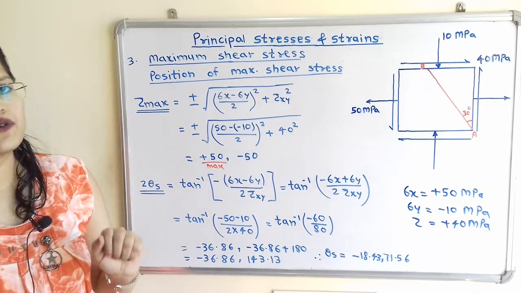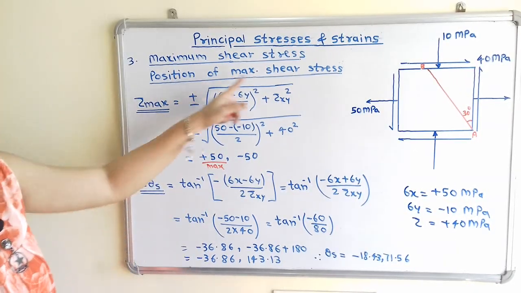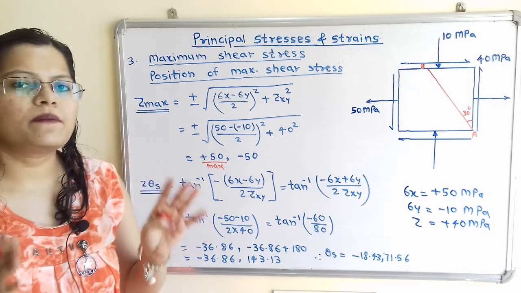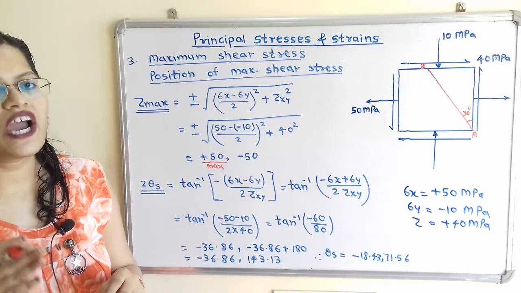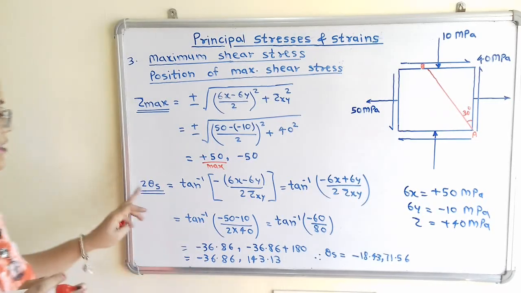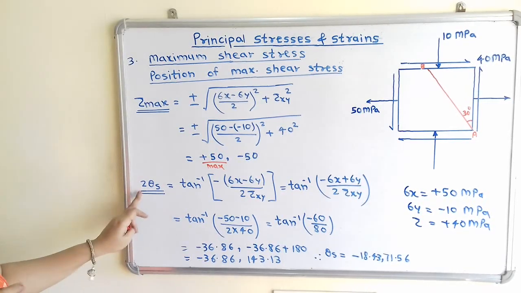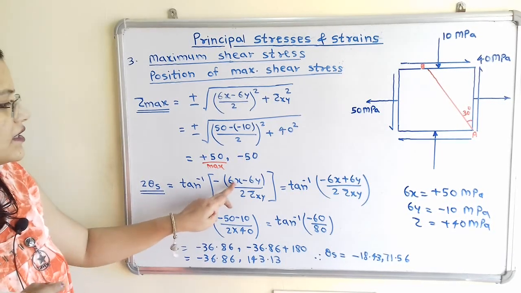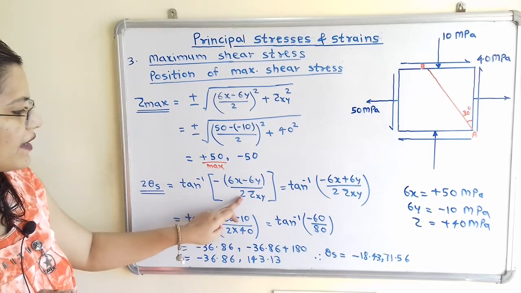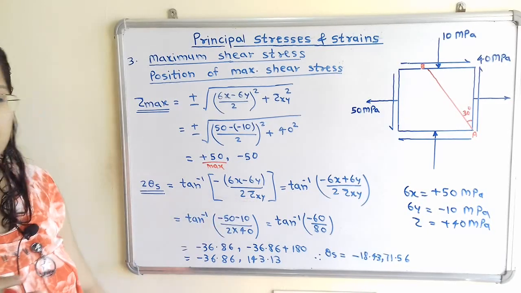Now we will move to the position of this maximum shear stress. So we will measure this position in terms of angle theta. We have the formula in terms of 2 theta s. So 2 theta s is equal to tan inverse of minus (sigma x minus sigma y) divided by 2 tau xy.